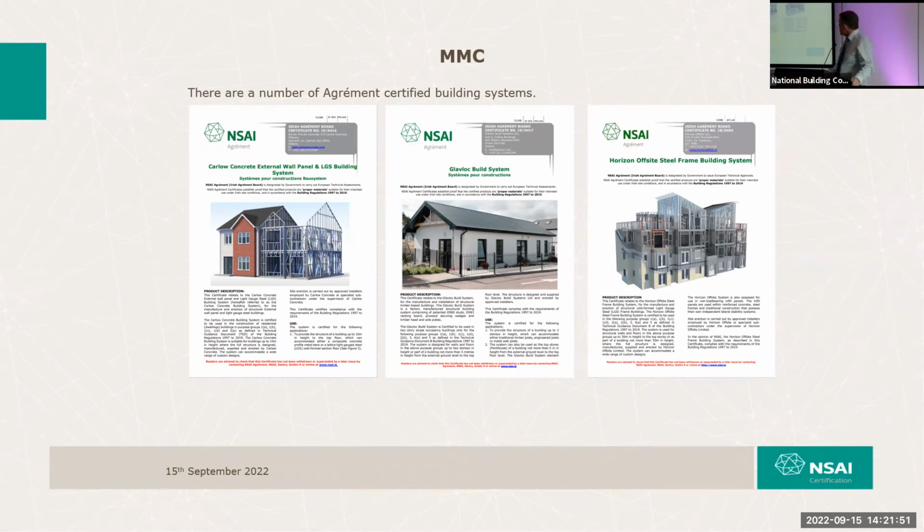So in NSAI, we are seeing a good amount of activity on the modern methods of construction, with BIM being used to great effect to assist with the development of these, in terms of either light gauge steel systems or modular building systems, which comprise mild steel carcasses with infill light gauge steel.